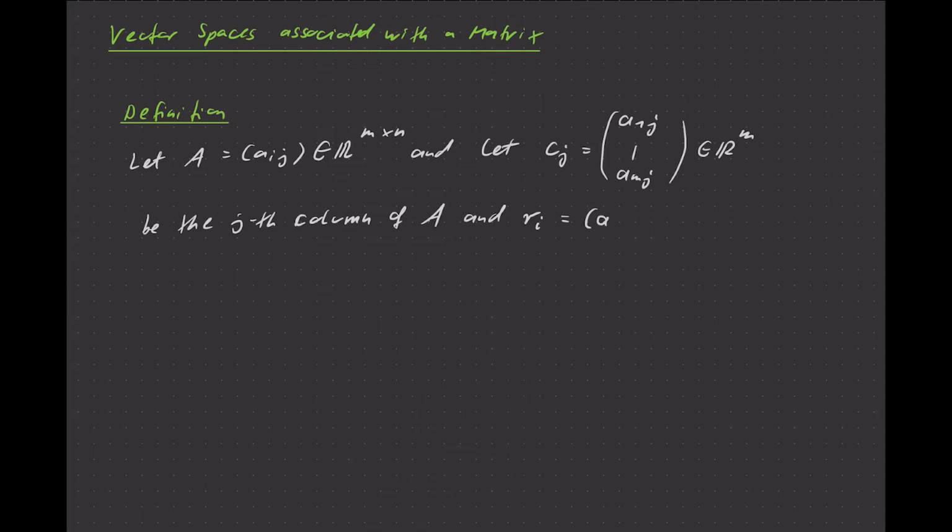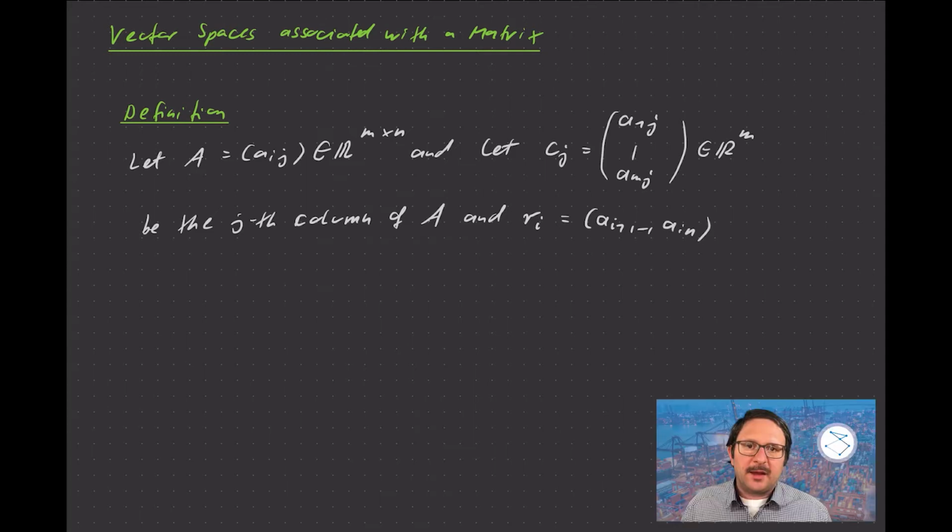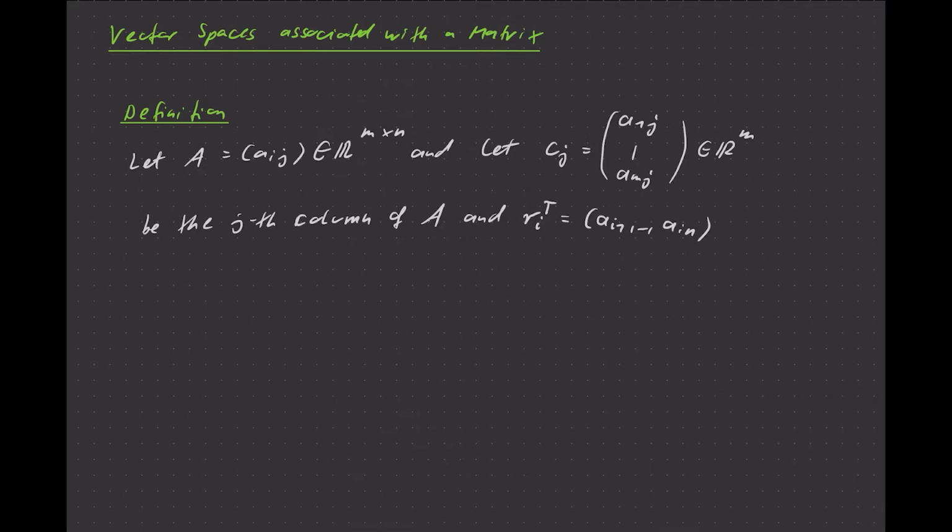Now, that's usually the row Ai1 to AiN. And in this context, we'd like to have vector spaces in the form of column vectors only, so we will transpose that vector here, just to have all columns for all involved vector spaces. It doesn't really make much of a difference, at least not at this point. So let that be the ith row of A.